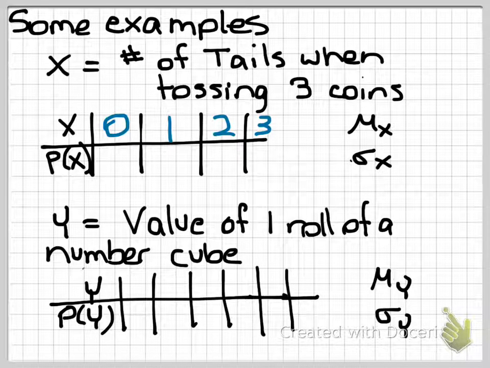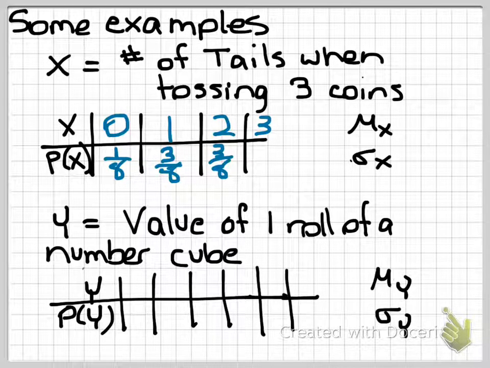Then we're going to go ahead and calculate the probability for that. The probability of no tails would be 1/8. The probability of 1 tail is 3/8. The probability of 2 tails is also 3/8. And the probability of 3 tails is 1/8.